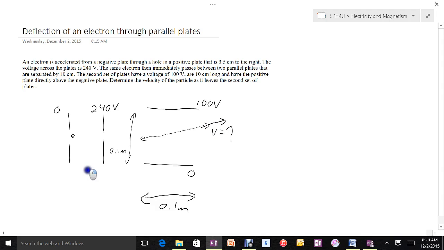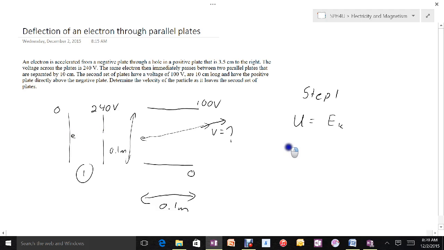So first of all, we'll sort of call this step 1. In step 1, we're going to find the velocity as this electron leaves these plates. To do that, I'm going to use an energy approach. I'm going to say that the potential energy of the electron is equal to the kinetic energy that it has as it leaves the plate. So it's going to convert this electrical potential into kinetic energy.